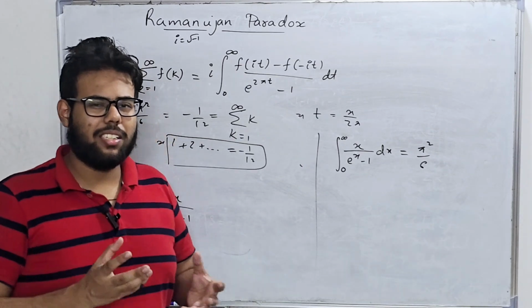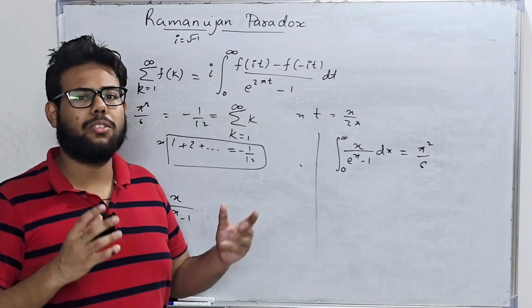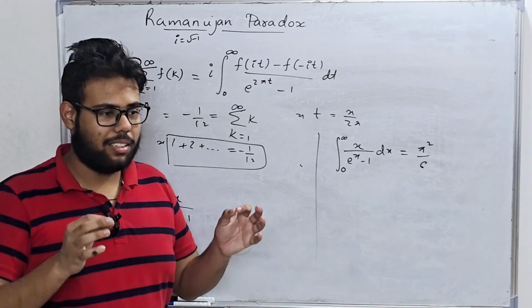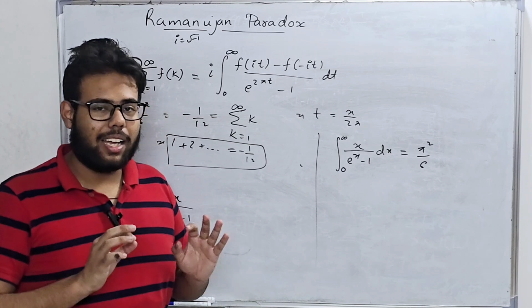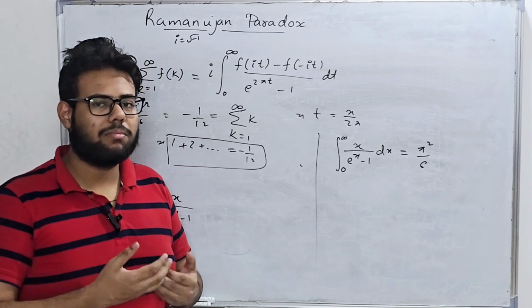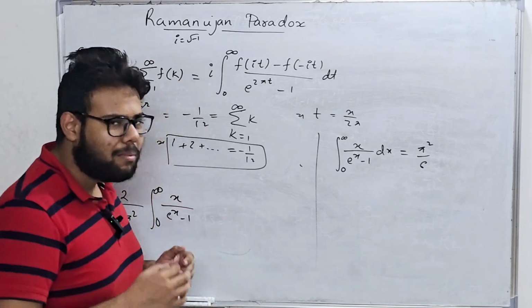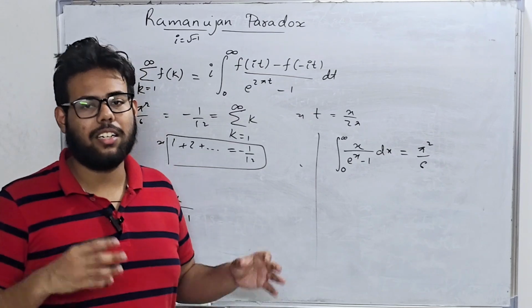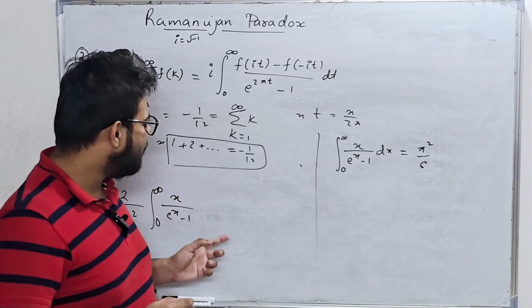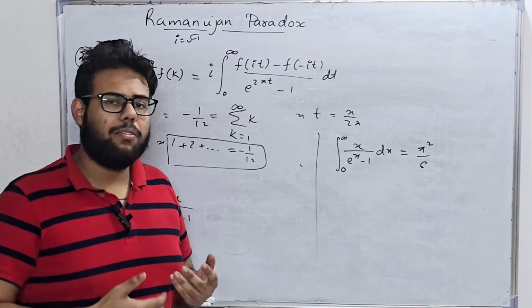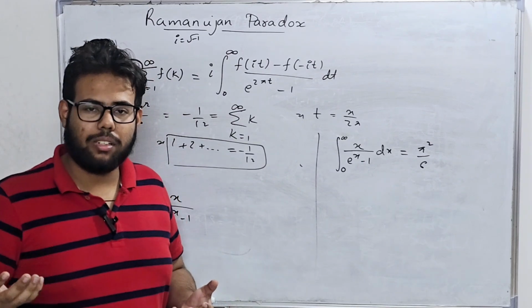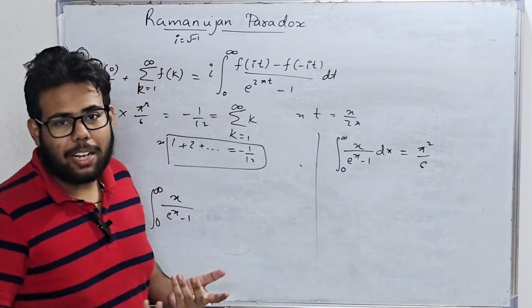So it is controversial to comment on that exactly. I can't say that it is negative 1 by 12 only, because it is still controversial, and the debates are going on. So if you want to believe, you can believe it as negative 1 by 12, and if you don't, then you can assume it as diverging also, and that's why it is a paradox.